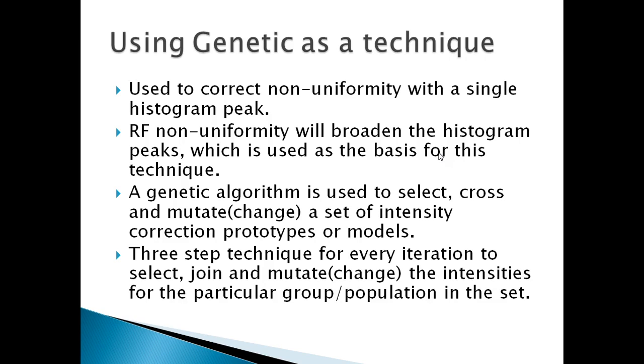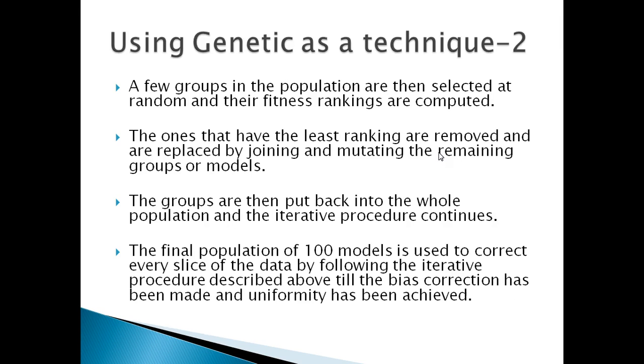This is a three-step technique, and we iterate through these three steps throughout the whole process. We select, join, and mutate the intensities for a particular group or population in the set. We take a few groups from the population, and then we assess their fitness rankings. The ones that have the least ranking are removed and replaced by joining and mutating the remaining models.